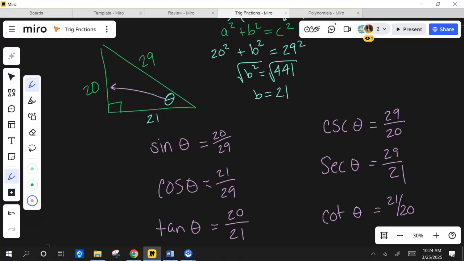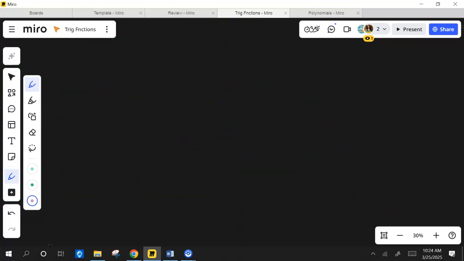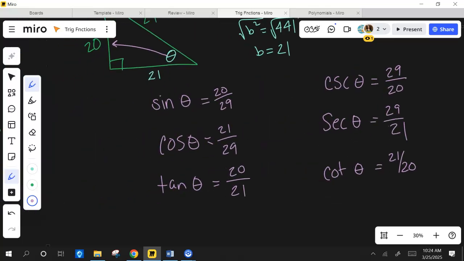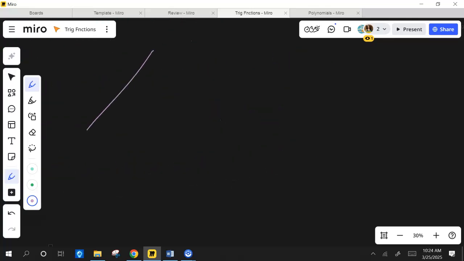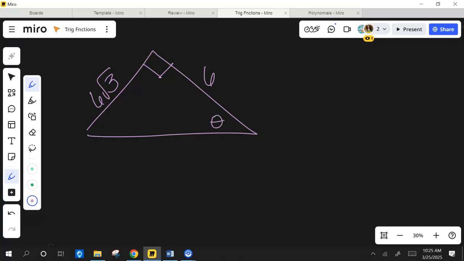Let's do another. Find all 6 trig functions of theta.